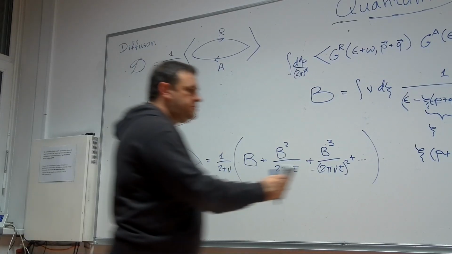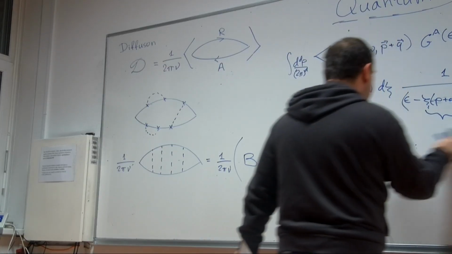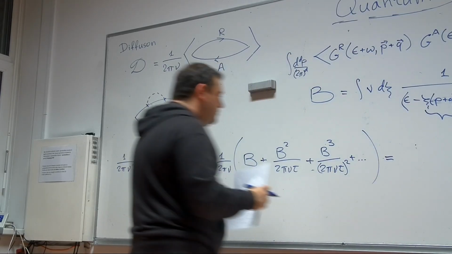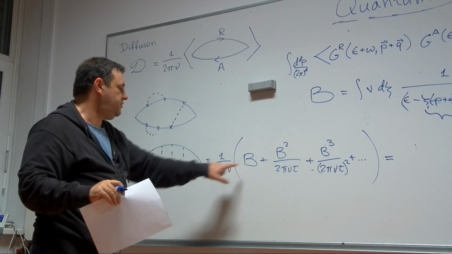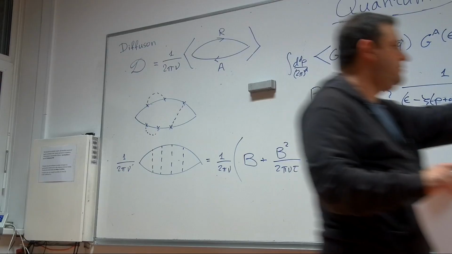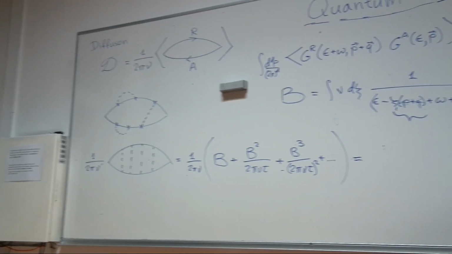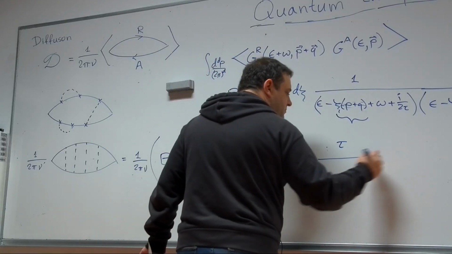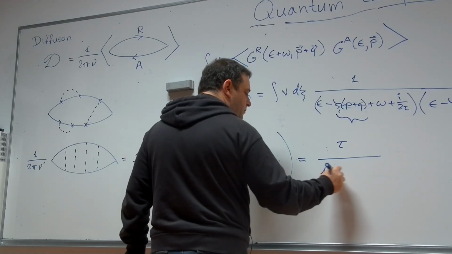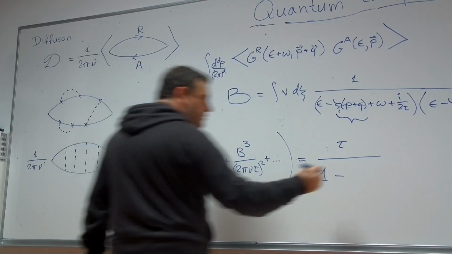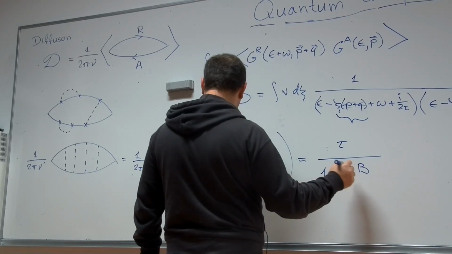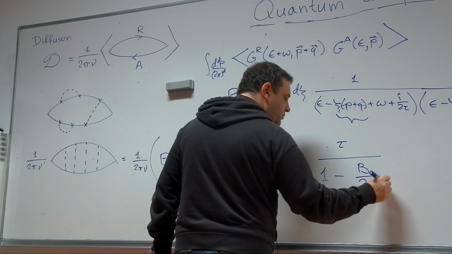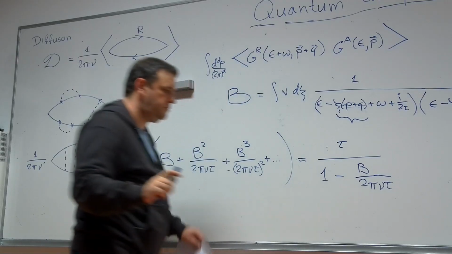Okay, so what do we have? This is a simple geometric series. We should start with the first term, b over 2 pi nu. This is b. Over 2 pi nu is just tau. Tau, divided by 1 minus b over 2 pi nu tau, right?